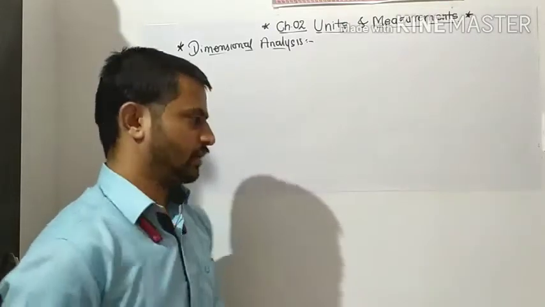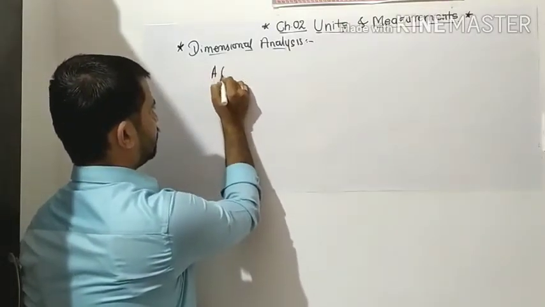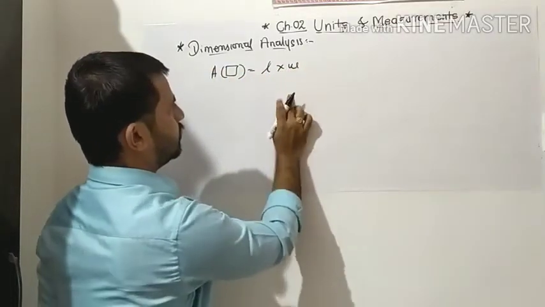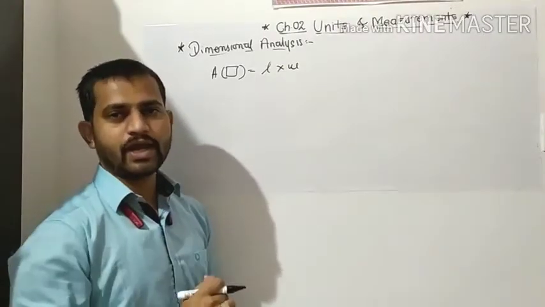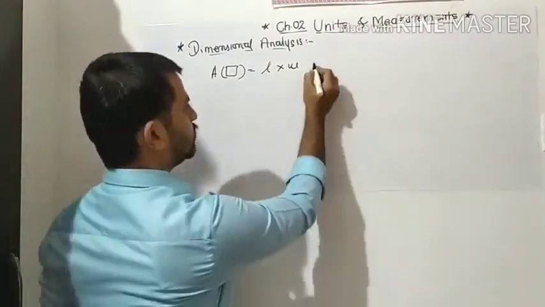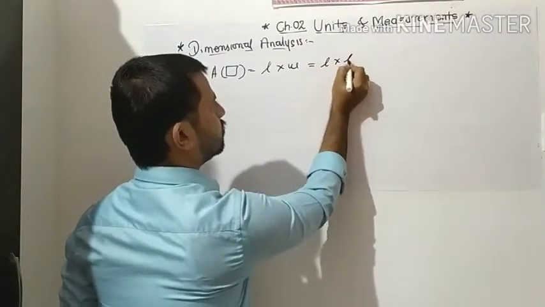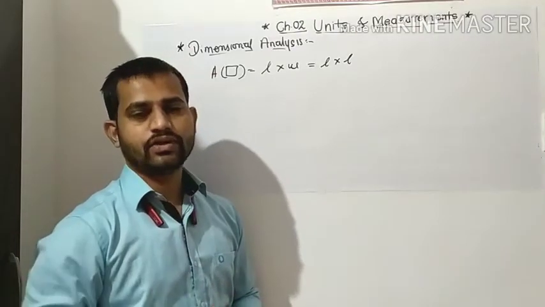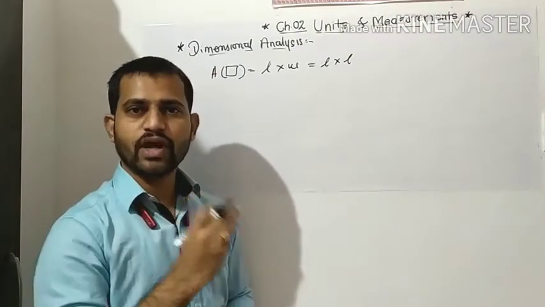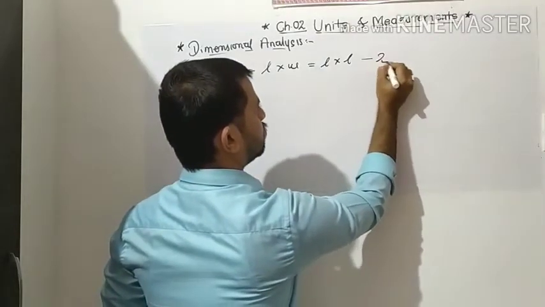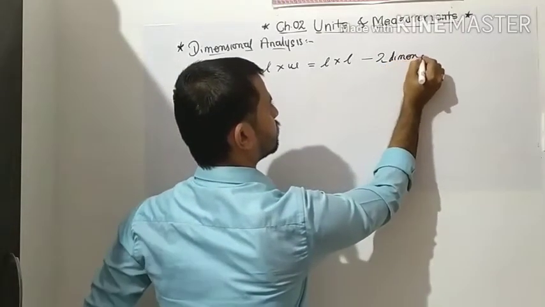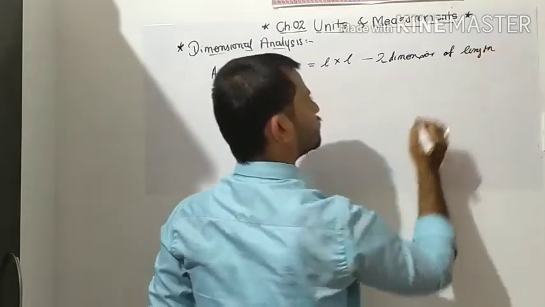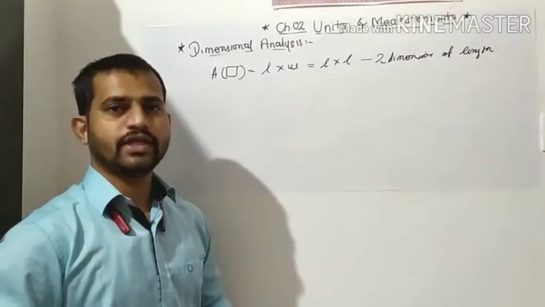What is the basis behind this width? It is nothing but length. So area has two dimensions of length.